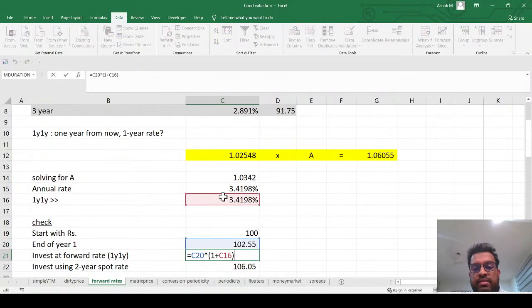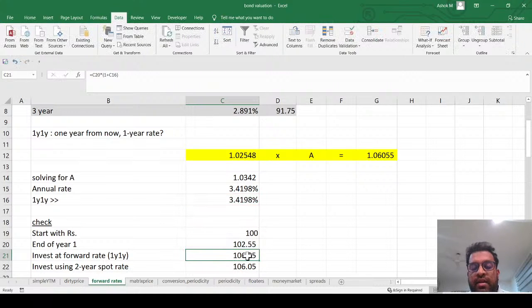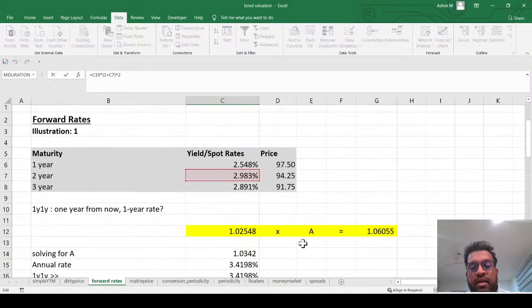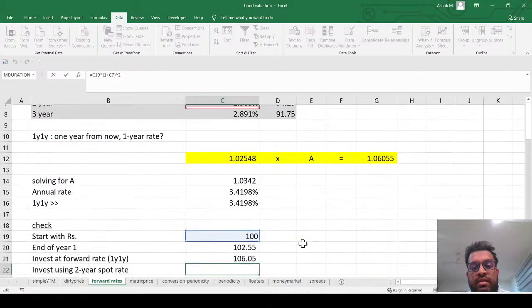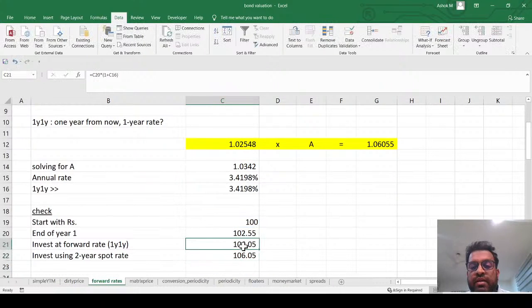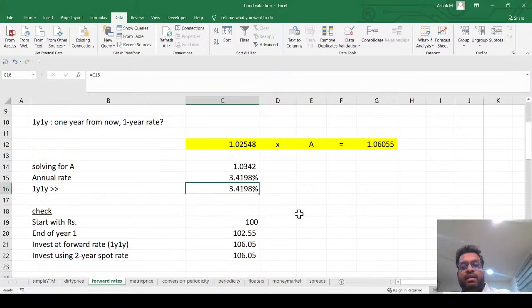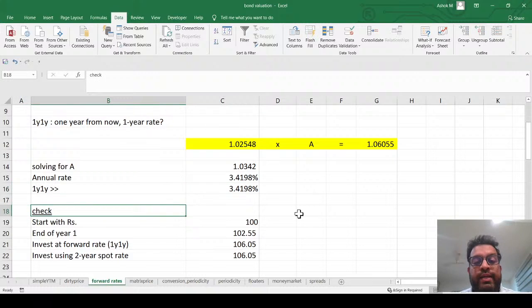So now I'm saying that this is the break-even rate. You invest at this rate, and now you get 106.05. Or you do the alternative. You invest 100 at the spot rate for 2 years. You get the same figure. So our 1 year forward rate is the right figure. Got it. So this is just for a check.